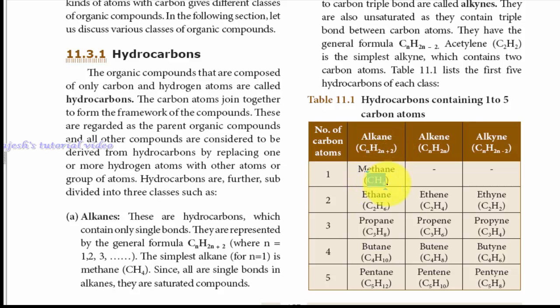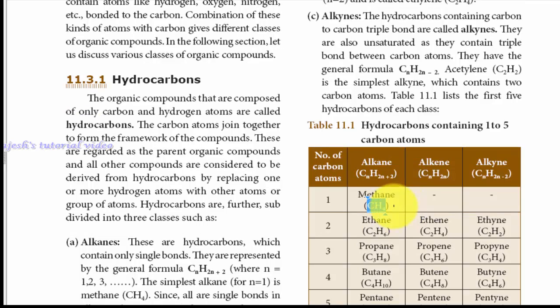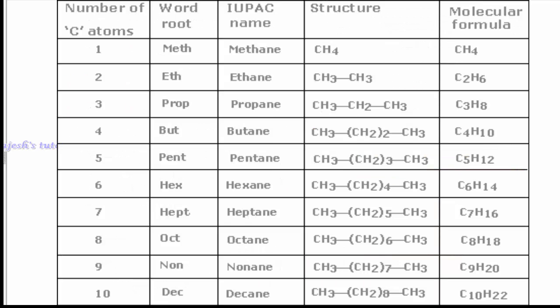That is the molecular formula for methane, and you can write the structural formula with C in the center with 4 valence electrons bonding with 4 hydrogen atoms. So 4 hydrogens forming 4 covalent bonds with carbon. Because it forms single bonds, it is a saturated compound.